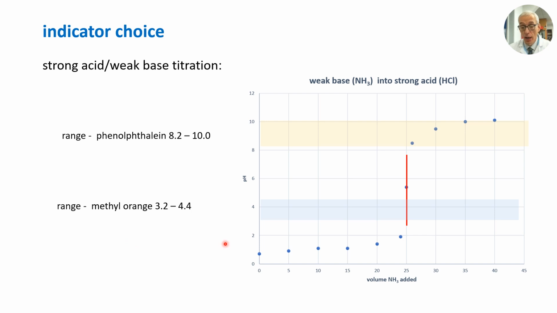Okay, so I'm hoping you will see that for methyl orange, the vertical section of the pH change curve passes through the range for methyl orange. So that is a suitable indicator. The range for phenolphthalein is at a higher pH than the vertical section of the pH change curve, so phenolphthalein is not suitable. Methyl orange is suitable for a weak base into a strong acid.